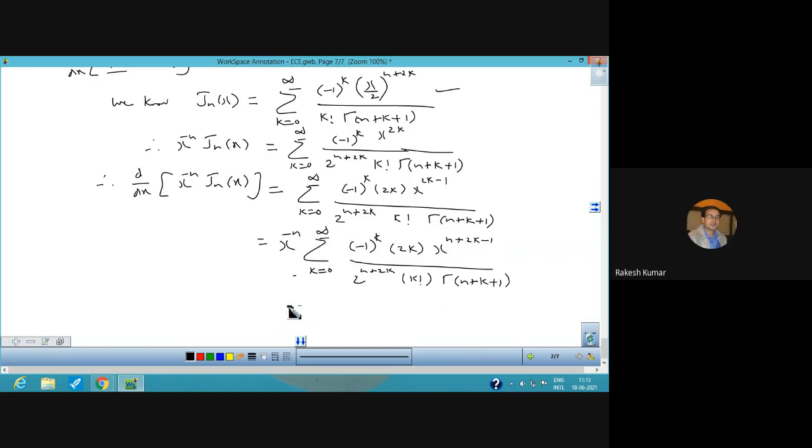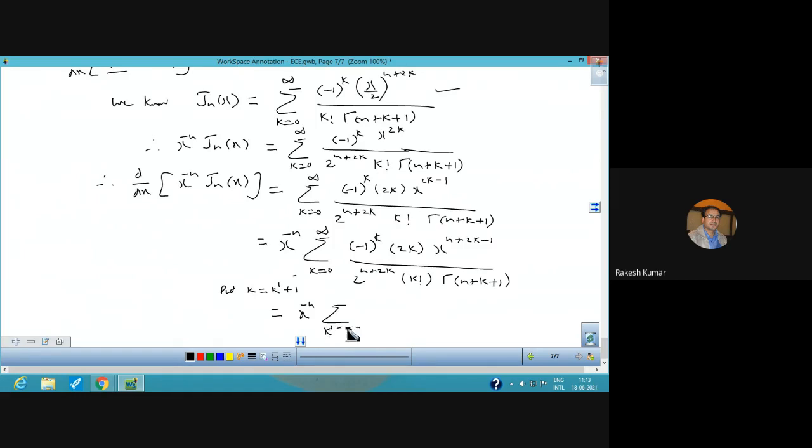Now, after that, you can adjust the terms. So, how can you adjust the term? By putting k is equal to k dash plus 1 on the right hand side. This is the adjustment of the term, that is the summation.